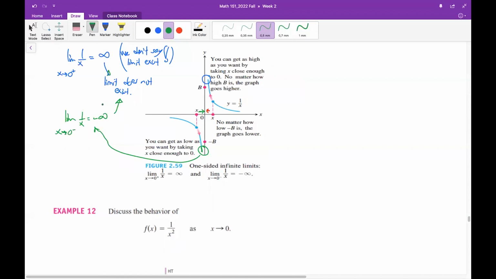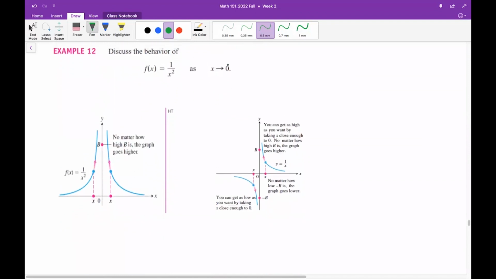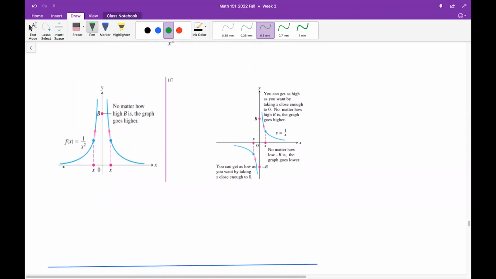These kinds of behaviors also happen for the function 1 over x squared. Remember, this is y equals 1 over x. If you put an extra square here, then all the negative y values get replaced by their symmetric version, and the graph of 1 over x squared looks like this.